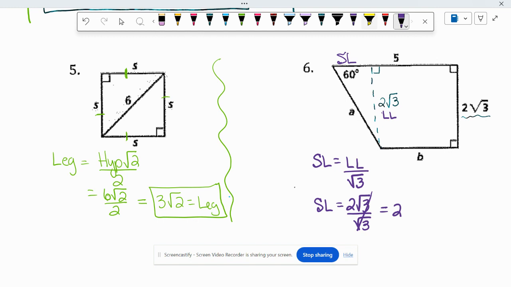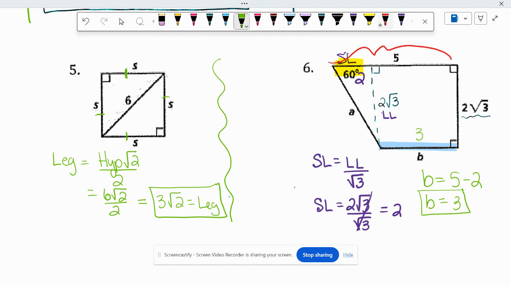So that means that this measure right here is 2. So if that measure right there is 2, then what is the measure of B? Because the whole side altogether is 5. Good job. 5 minus 2 is 3. So B equals 5 minus 2. So B equals 3.